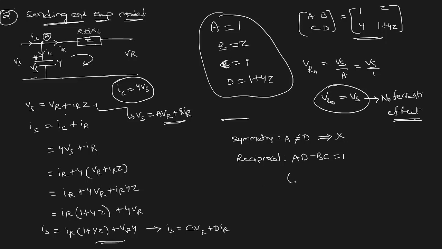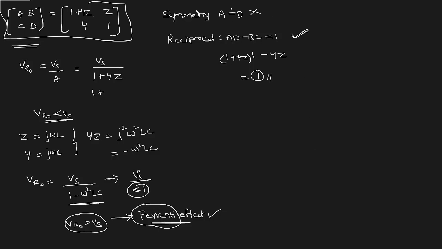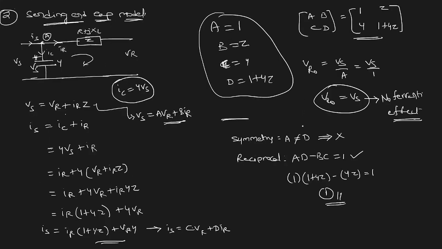A is 1, D is 1 plus YZ, minus YZ. So it becomes 1 obviously. Therefore we can say that this is reciprocal. So the receiving end model as well as the sending end model are both not symmetrical, but the circuit is reciprocal.